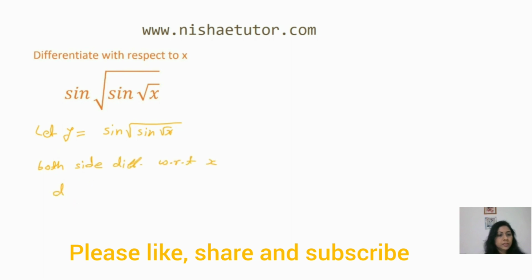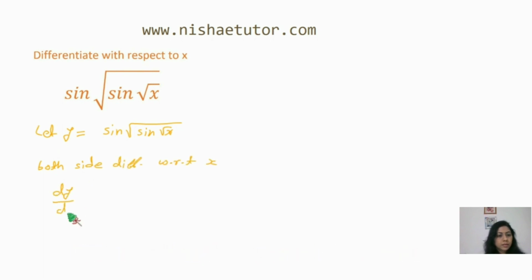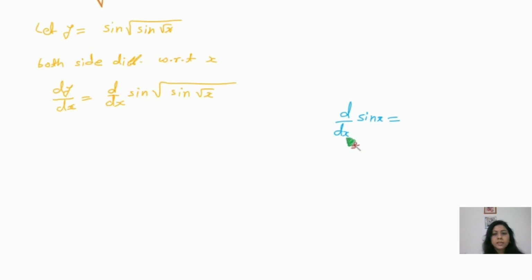dy by dx equal d by dx sine square root sine square root x. We know that d upon dx sine x equal cos x.